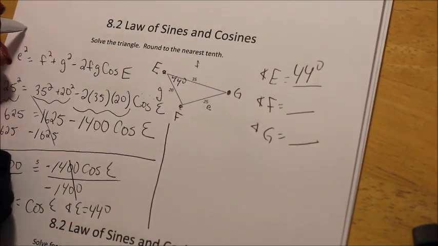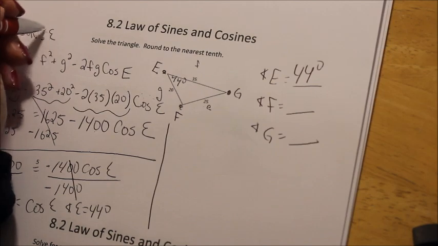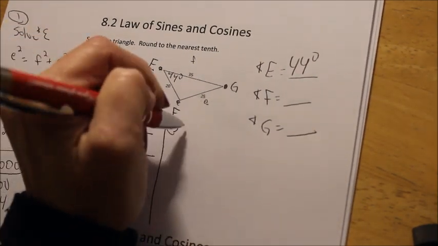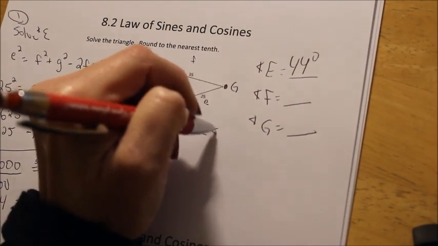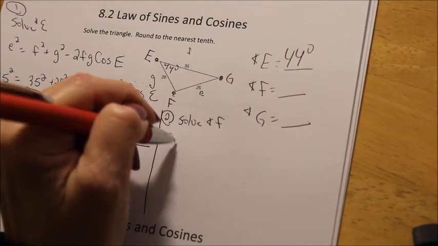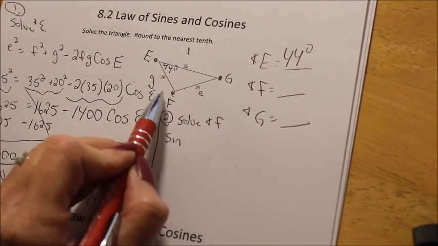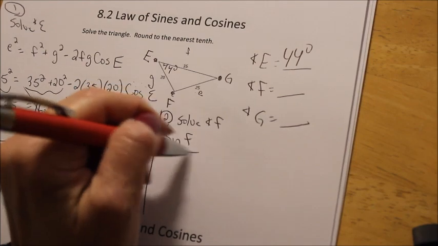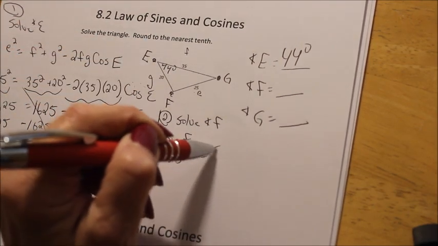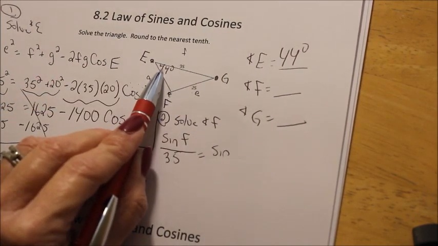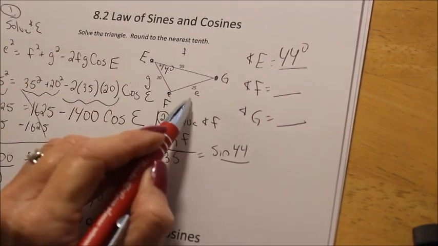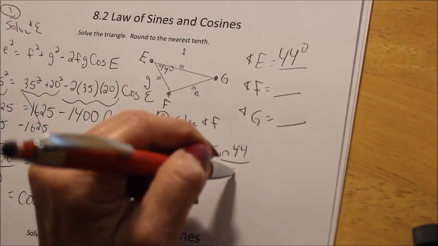So this one, we were solving for angle E. That was the first thing we did. Now I want to solve for angle F. Okay, and I'm going to use the law of sines. The sine of F, which I don't know, over little f is equal to the sine of, we have to use the one we know, E over little e, 25.